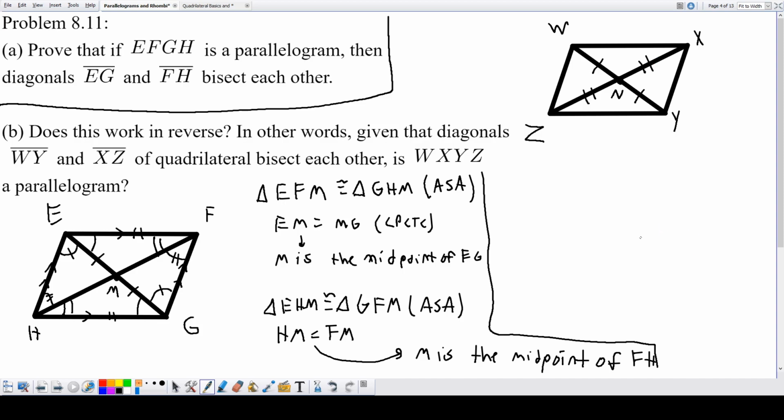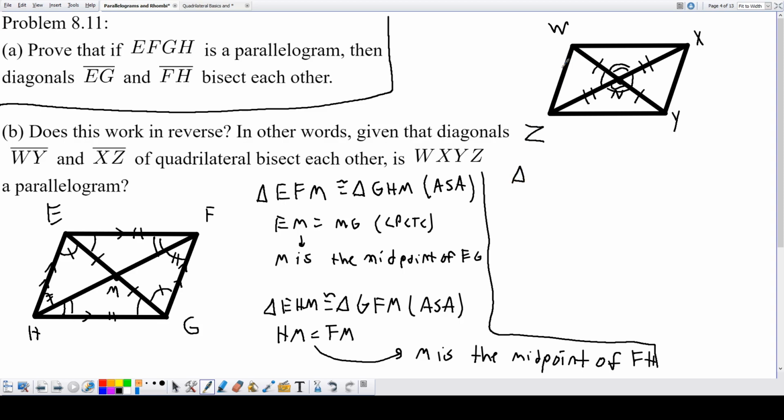Well, this should be pretty easy to identify that we have congruent vertical angles there at W and Z and X and Y. And also we know that the angles at W and X and Z and Y are the same vertical angles. So we have two pairs of congruent triangles.